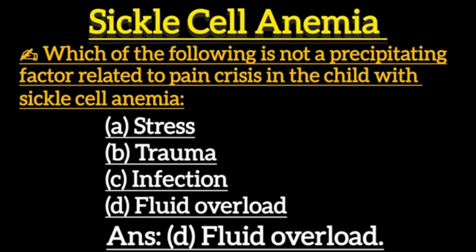Next one is which of the following is not a participating factor related to pain crisis in the child with sickle cell anemia. Option A stress, option B trauma, option C infection, option D fluid overload. Correct answer is option D fluid overload.